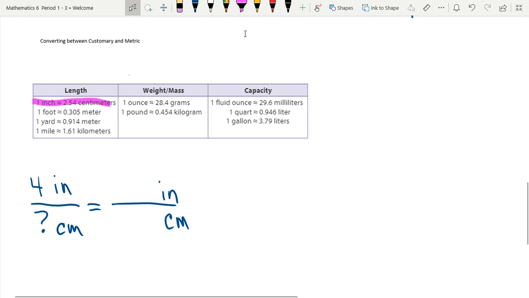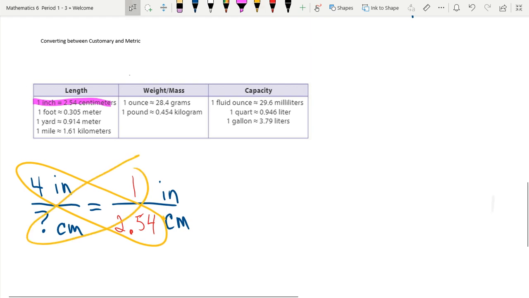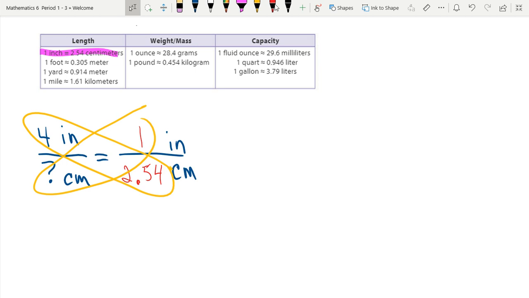So 1 inch equals 2.54 centimeters. So I plug it in. 1 inch is 2.54 centimeters. I'm going to do my cross cancel. The same thing applies here. 1 times an unknown, 1 times an unknown.